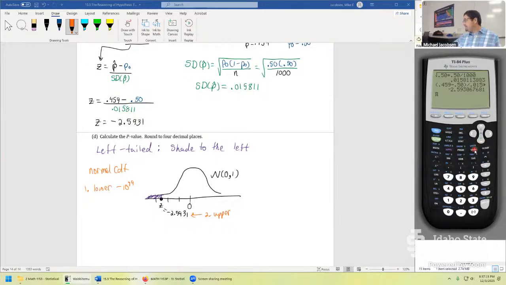Hit second vars down to normal CDF. Use a negative key down here, 10 power 99. Flip this one to the test statistic, negative 2.5931.